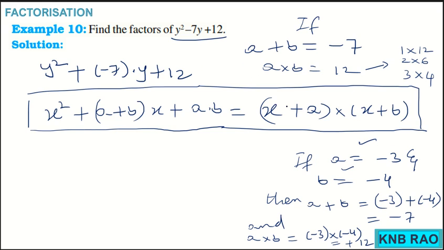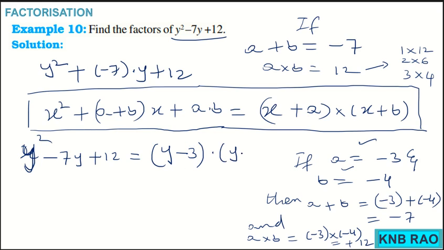So by substituting, rather than x square I have to take y square. Y square minus 7y plus 12 can be written with y instead of variable x. Instead of plus a I have to take minus 3, because plus of minus 3 becomes minus. So into y minus 4.